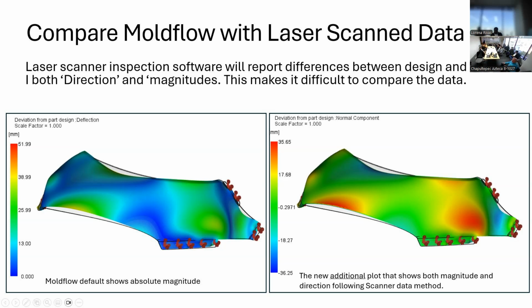Whereas in the scanner data, areas that are going up in a positive normal direction are going to be red, and things that are moving in a negative normal direction are in blue. So there's a different way of displaying the data. It's the same data, just displayed in a way that makes it more convenient for you to compare Moldflow data with scan data.